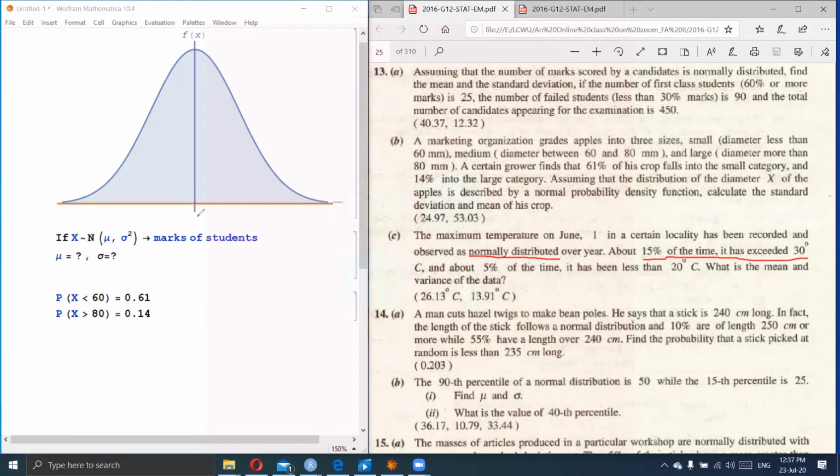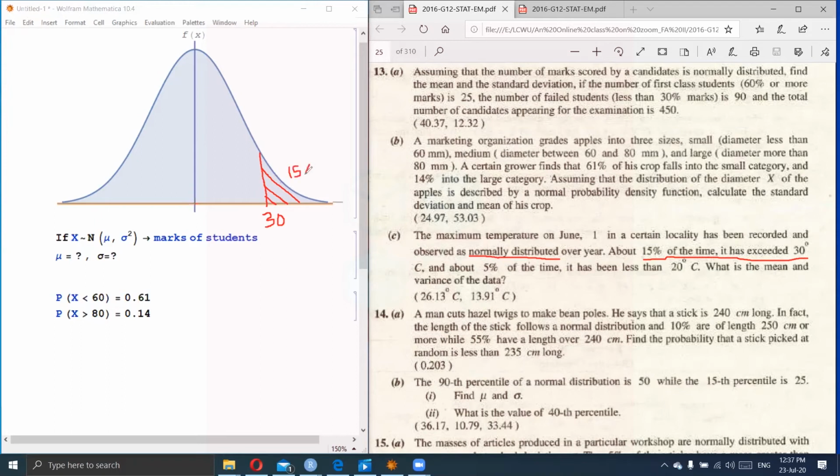So 30 centigrade must be here, and exceeded means the area on the right side of this point, the area right side of 30 is 15%. So we will write here this is 15%.